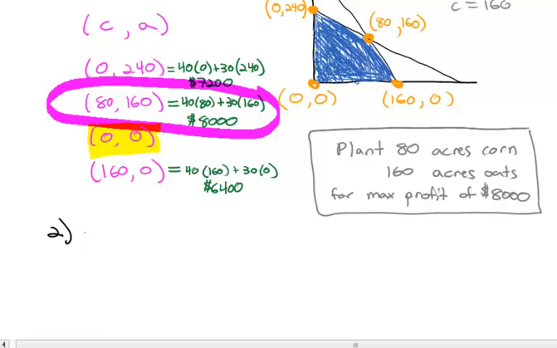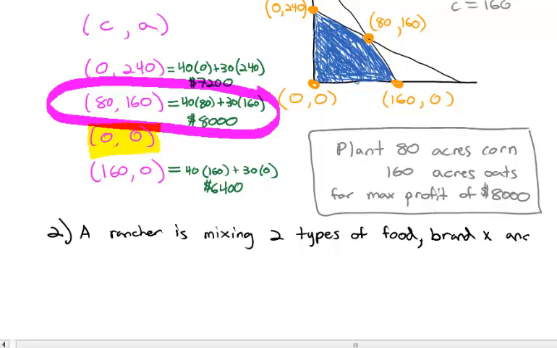Let's say a rancher is mixing 2 types of food. He's got brand X and brand Y for his cattle.